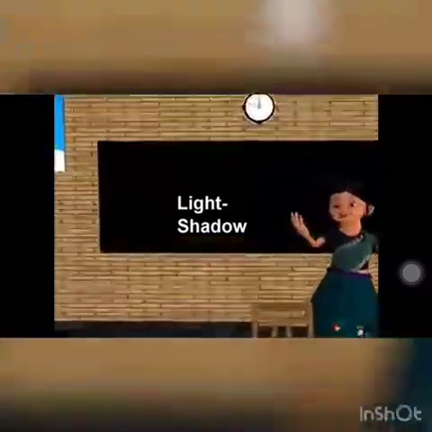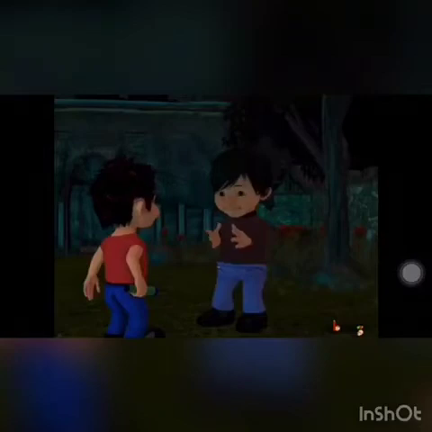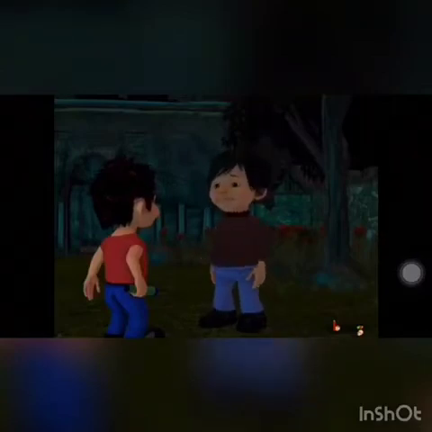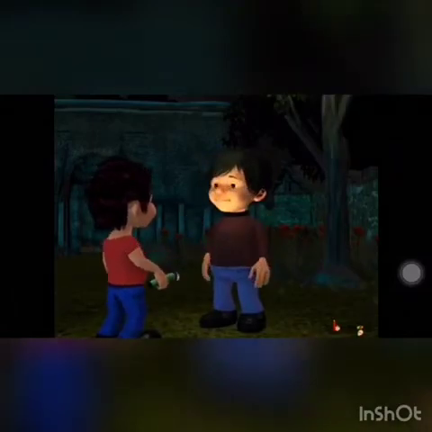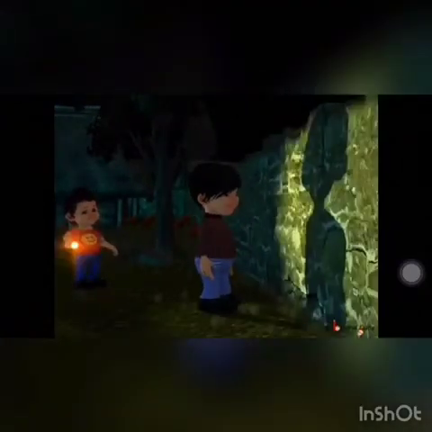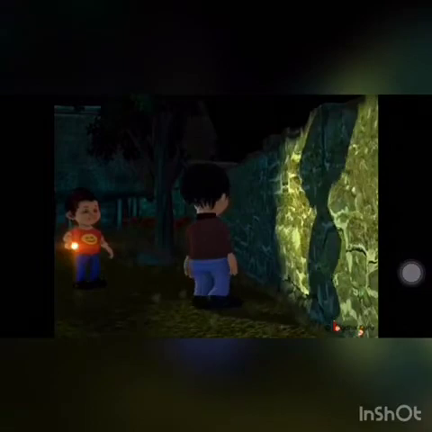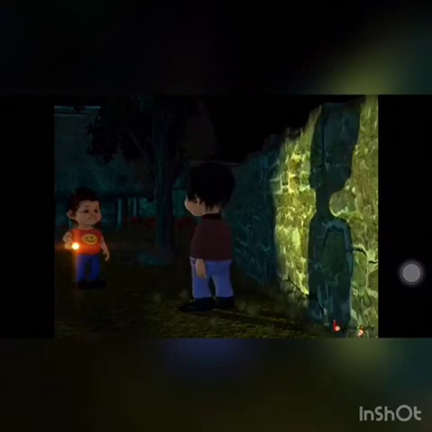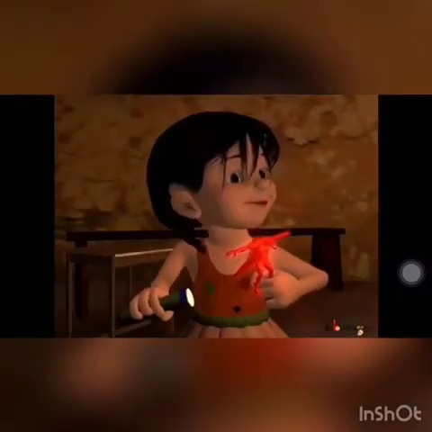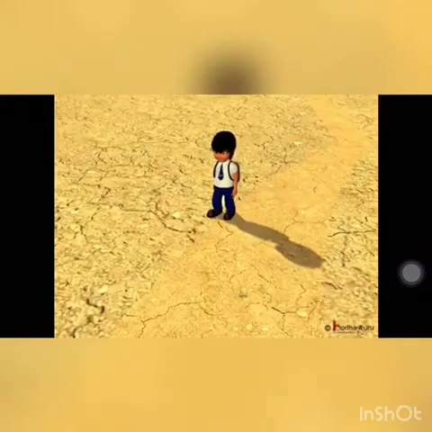Today we will understand about the shadows. Here, the boy is walking in the sunlight.